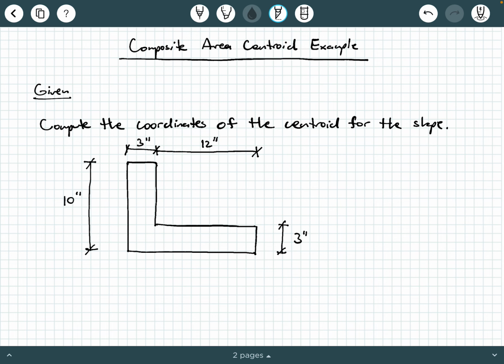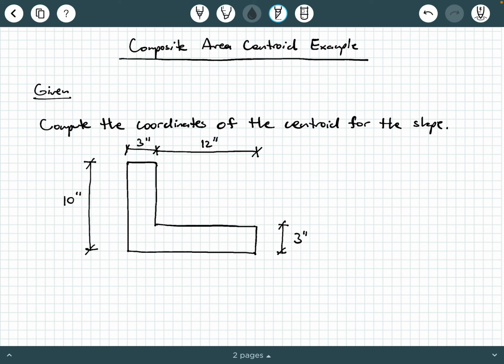If we look at this L-shaped area, we could separate it right here, where we have a 10-inch long by 3-inch wide rectangle and a 12-inch long by 3-inch tall second rectangle, or we could split it at this interface, where we have a 15-inch by 3-inch bottom rectangle and a 7-inch by 3-inch upper rectangle.